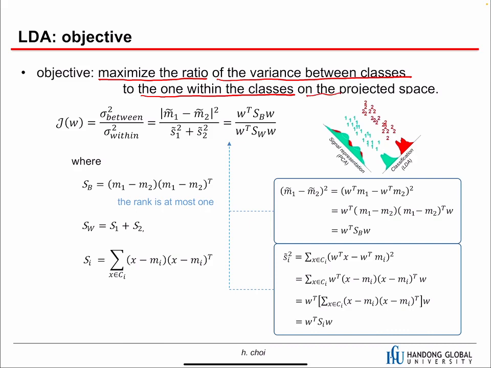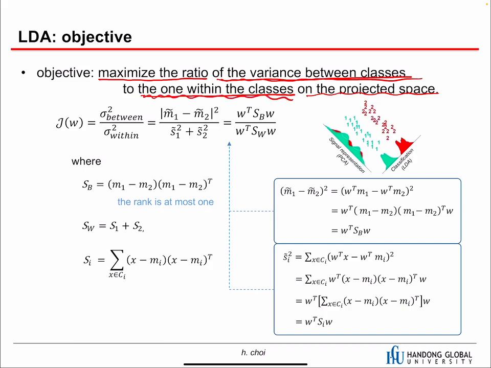So this part is the same. But in PCA we focus on the variance between all the samples, while in LDA we try to maximize the variance between the classes, so actually the class means. And also we want to minimize the variance within the classes.